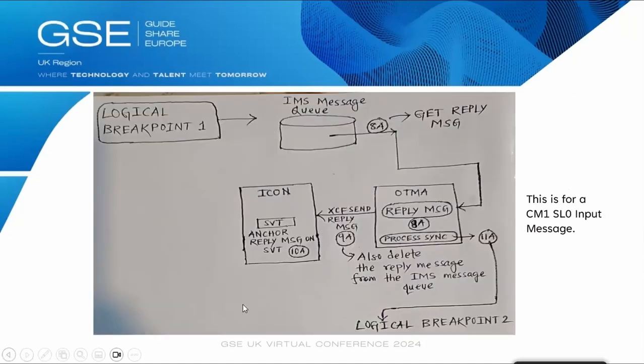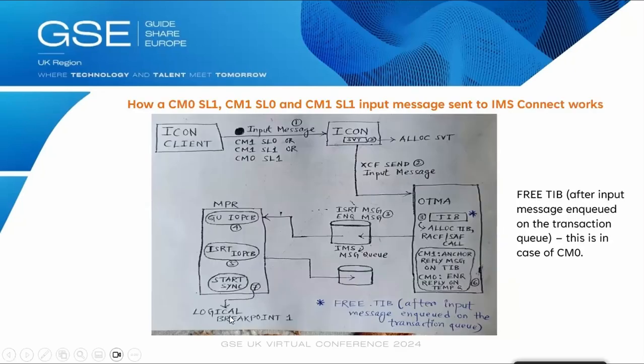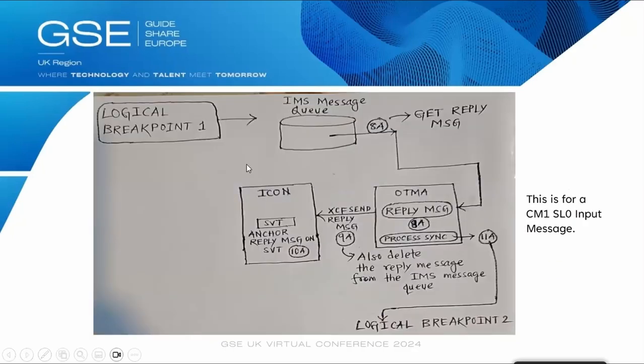So for example, over here on this slide, when the IMS application program has reached a sync point, let's consider number 7 to be a logical breakpoint. Let's say logical breakpoint 1. So now, let's continue on with our journey from logical breakpoint 1.